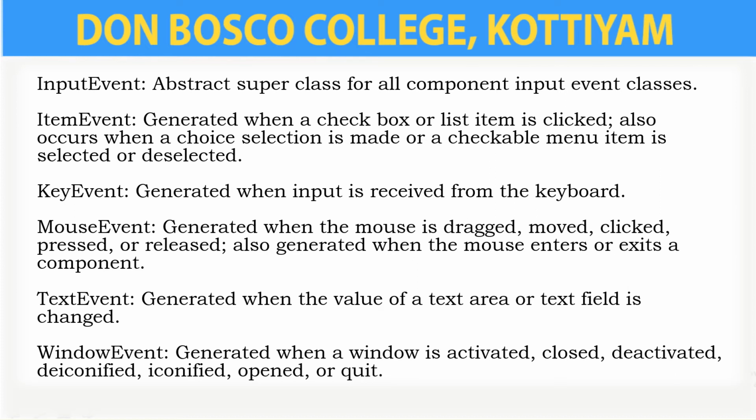Next is MouseEvent, generated when the mouse is dragged, moved, clicked, pressed, or released. Next is TextEvent, generated when the value of a text area or text field is changed. Next is WindowEvent, generated when a window is activated, closed, deactivated, opened, or quit.